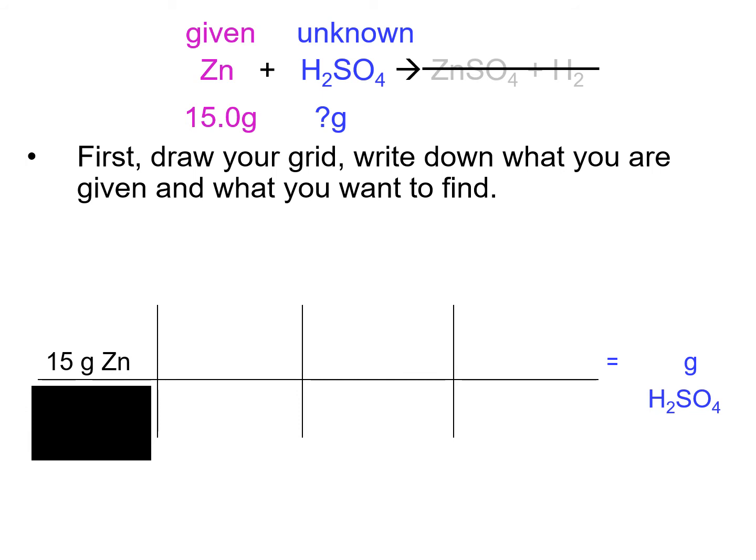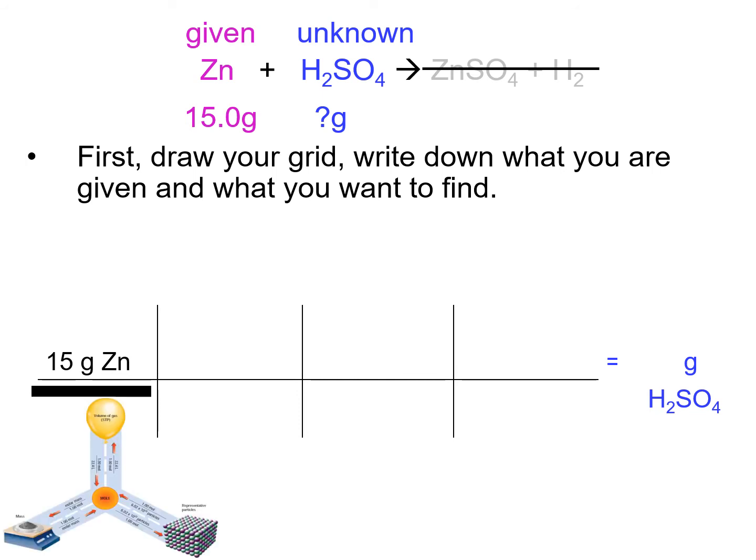We need a series of conversion factors. We're going from a mass of one substance to the mass of another substance. So just like last time, we're starting in the lower left-hand corner of our mole roadmap, and we're going up toward moles. The mole roadmap tells us to put molar mass on bottom and 1 mole on top. We have to supply the specific information.